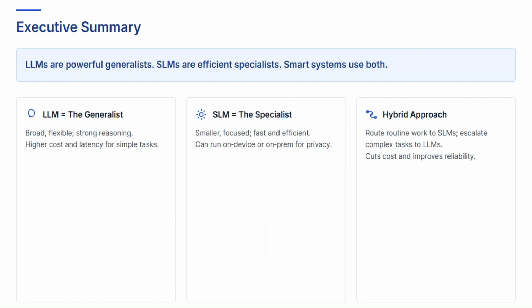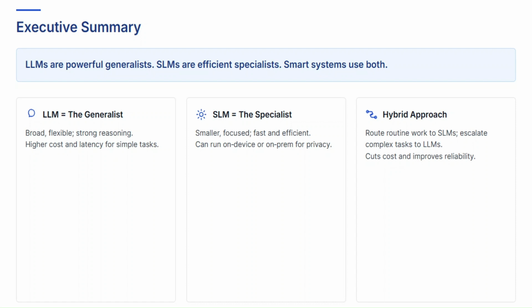Here is the core message of this entire presentation. Large language models, or LLMs, are powerful generalists. Small language models, or SLMs, are efficient specialists, and the smartest systems use both together.